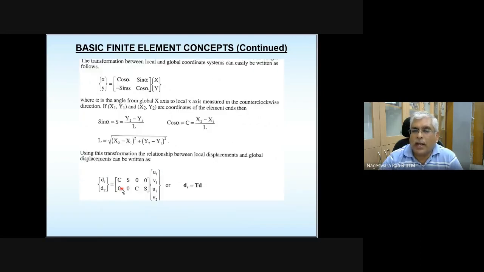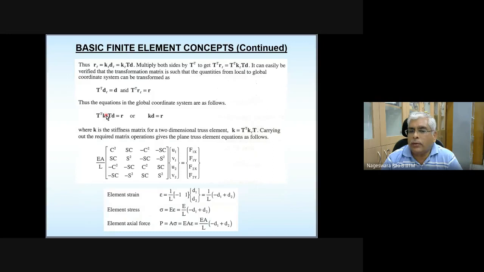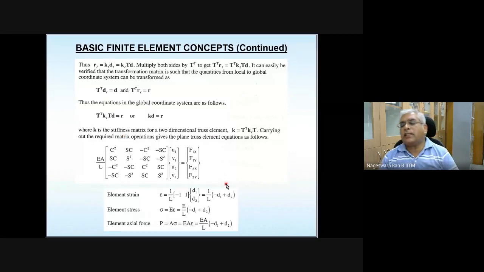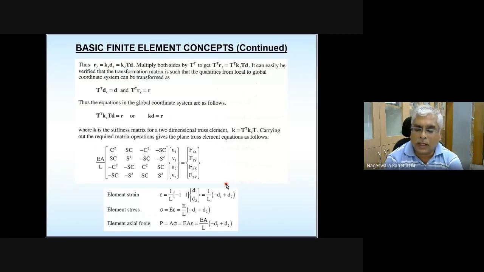So you are multiplying 4 by 2, 2 by 2, 2 by 4, and finally you get a 4 by 4 equation system. If you do that multiplication, this is what you get. This is the global equation system, the equation system for the axial or bar element. Equation for bar element in the global coordinate system.